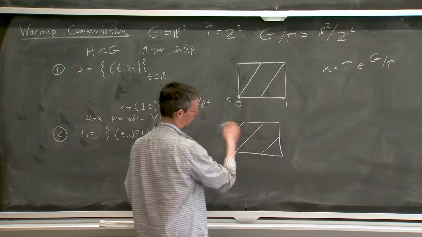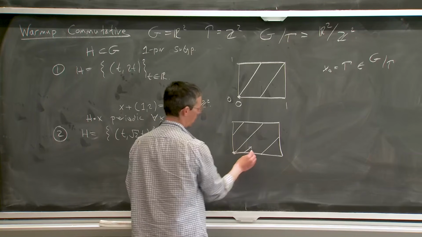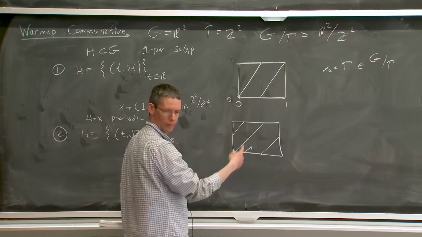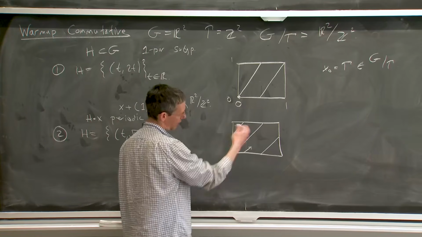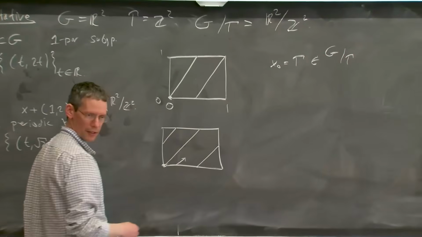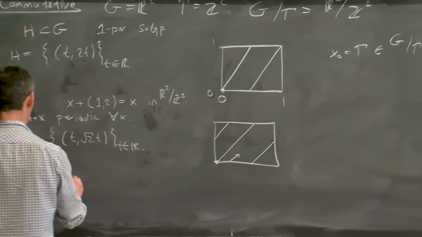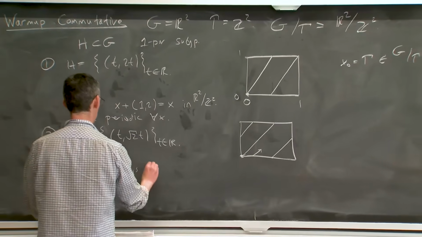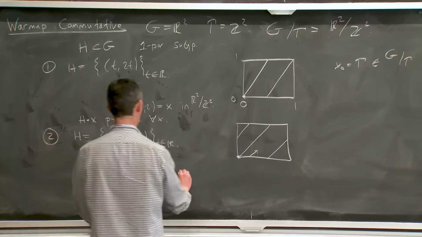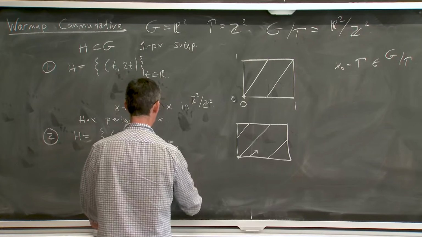And this time, this will never close up because the slope is irrational. And in fact, this orbit will be dense and evenly distributed. So now what happens is that H·x is dense for every x.